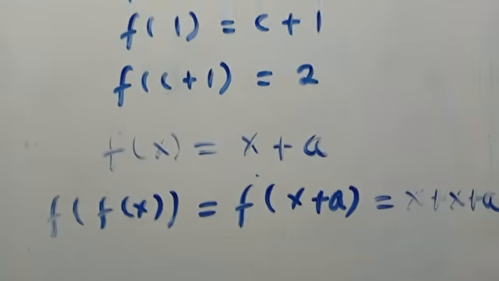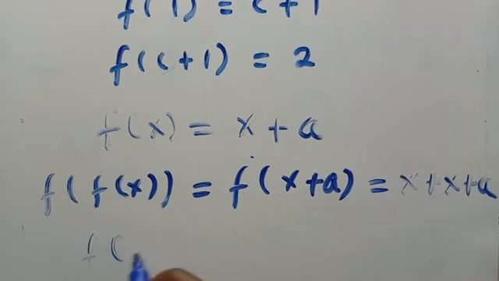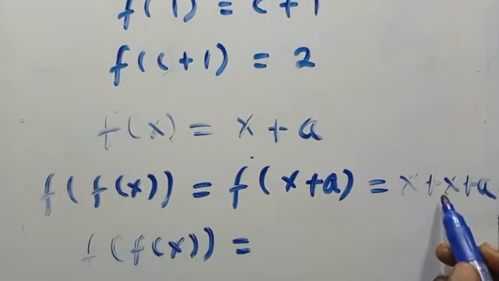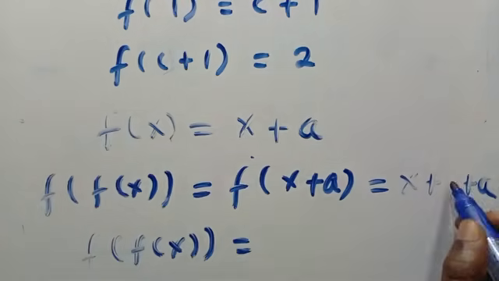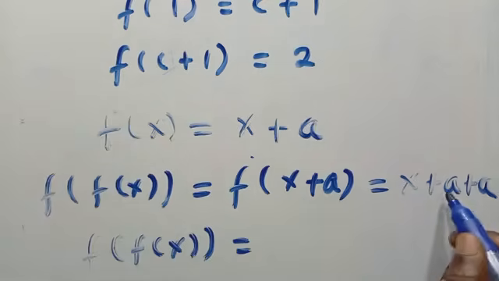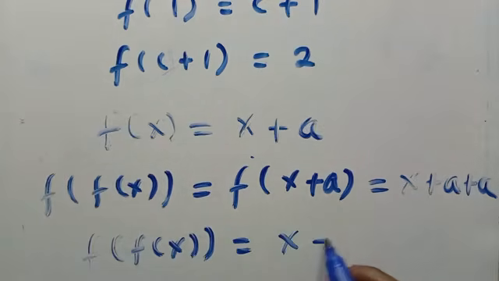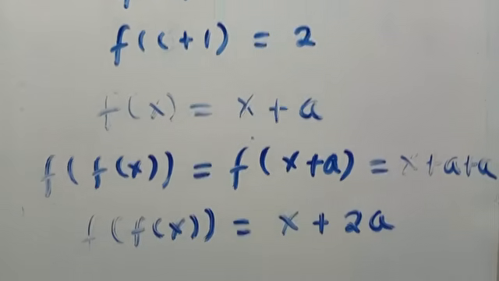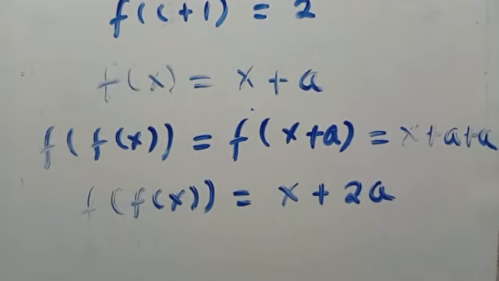So therefore we have f of x, instead of x we change it to a, f of x plus a, that is x plus 2a.